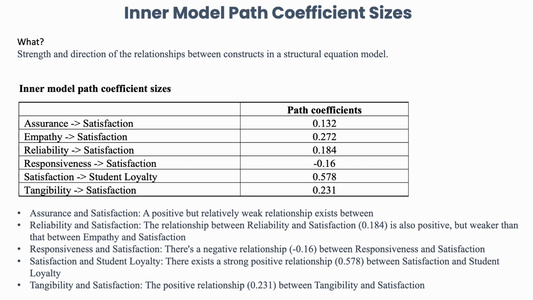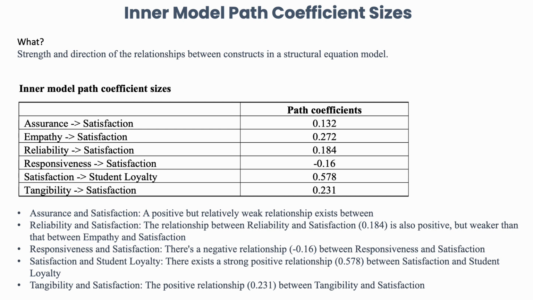Now, in conclusion, from this table and the results, the model demonstrates the varying degree of impact that different factors have on customer satisfaction and student loyalty. Assurance and reliability have a relatively weaker effect, while empathy and tangibility have a moderate effect. The unexpected negative relationship between responsiveness and satisfaction requires further investigation to understand the underlying dynamic.